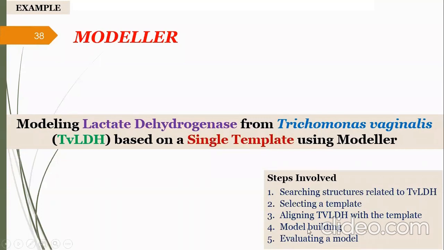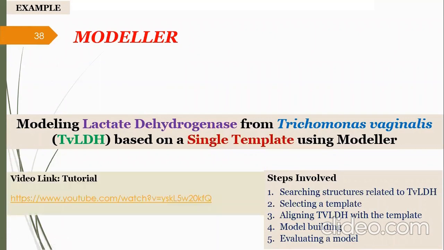After we get a protein model, we need to evaluate whether that model is correct or not. And for visualizing how this works, we have a short video for that.